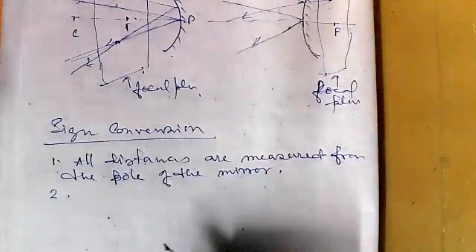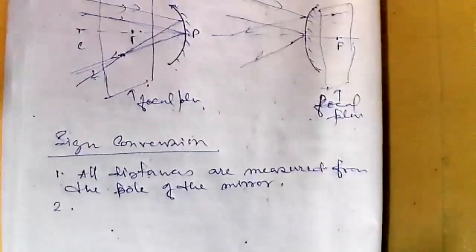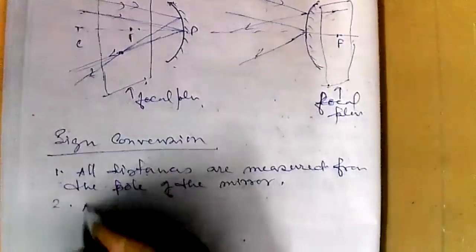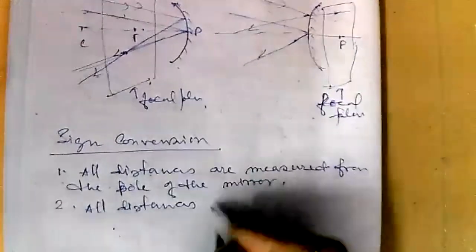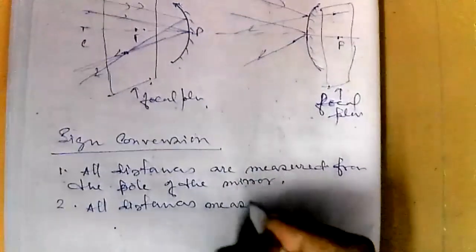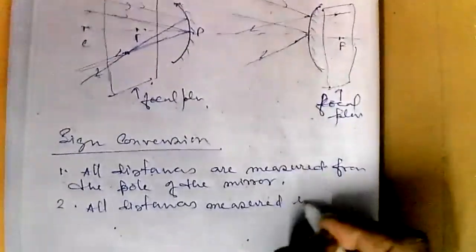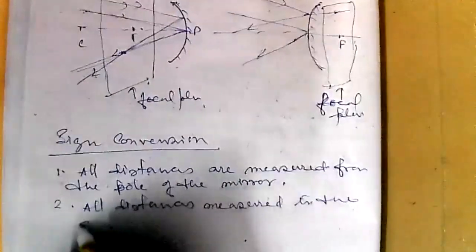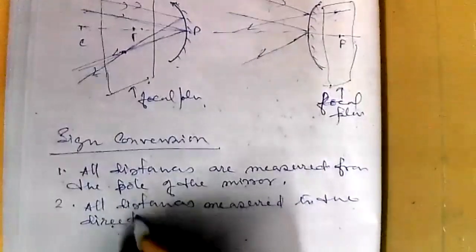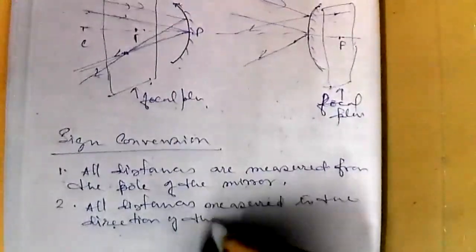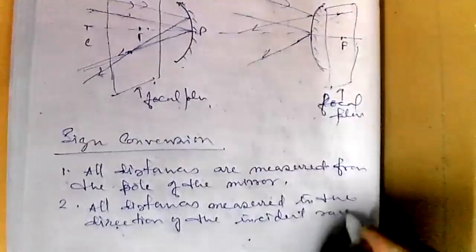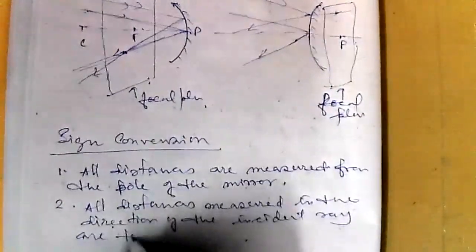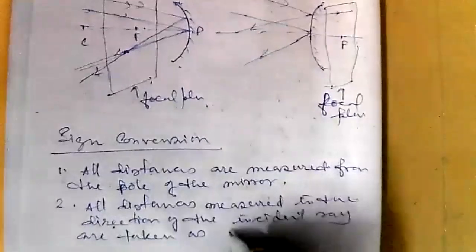Secondly, all distances measured in the direction of the incident ray are taken as positive.